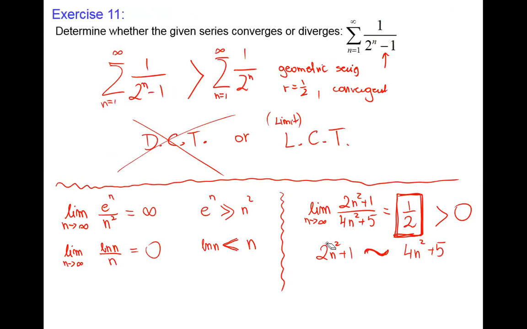No, both of them behave the same. We do have some ratio, but it doesn't matter. This is a quadratic function, this is a quadratic function. The leading coefficients are not really significant at infinity. That means having a positive finite number, I can conclude, which is the point, that both of the expressions behave the same.